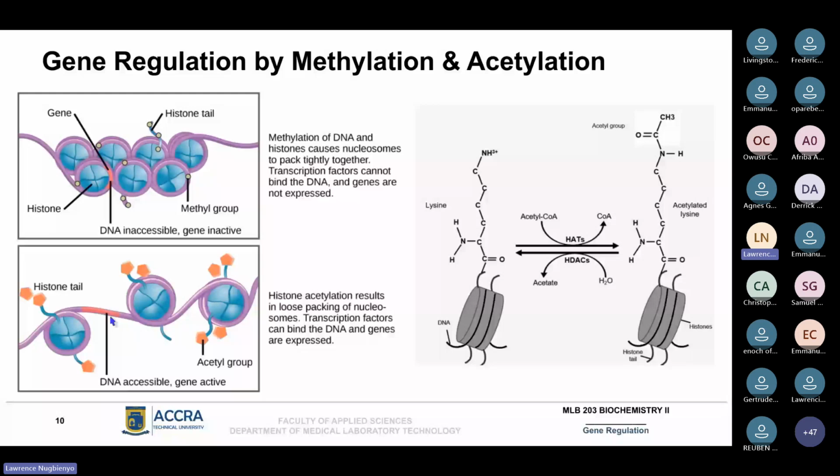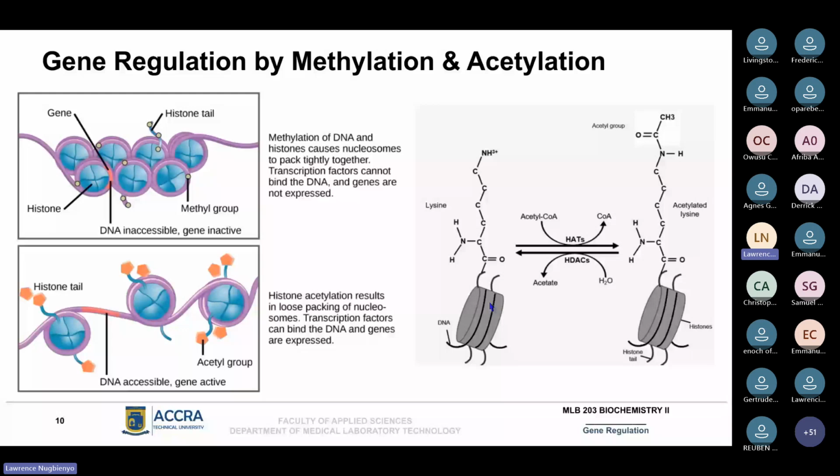Now we see this process of acetylation, the activation of the gene, in more detail on the right-hand side, where it is depicted more. The structure you see below here is that of a histone, and the black lines around it represent the DNA strands that are wound around the histone protein.